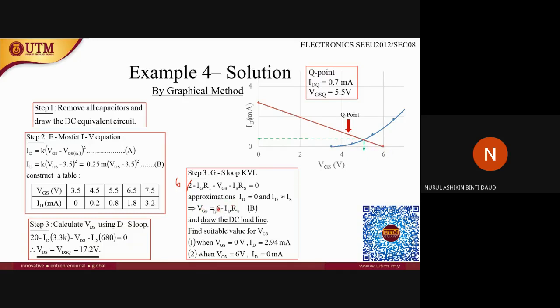Okay, so there is only one point here. Another point is when VGS is equal to 0. So when VGS is equal to 0, rearrange it again. Bring this to here. Wait, I need to write now.